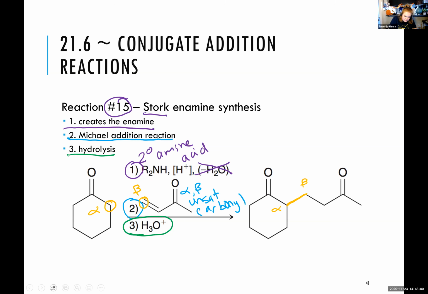And 1, 2, 3, 4, 5, we're still making a 1,5 dicarbonyl, because this really is a Michael reaction. It's just a specialized type of a Michael reaction, so it's just getting more specific. The product's going to be the same though, because that middle step, that crucial step, is a Michael reaction.